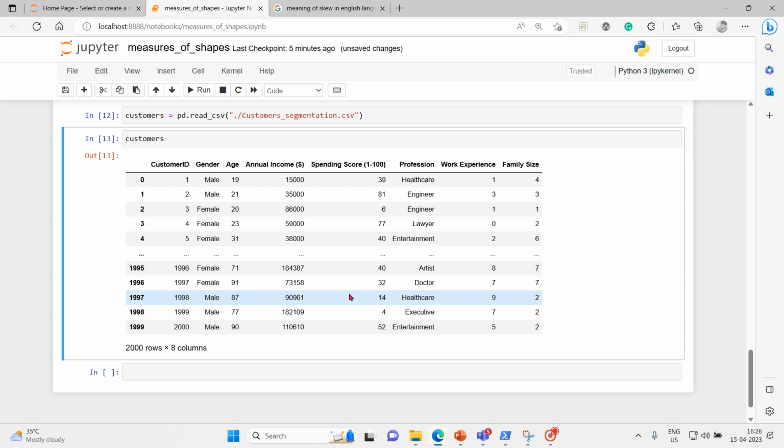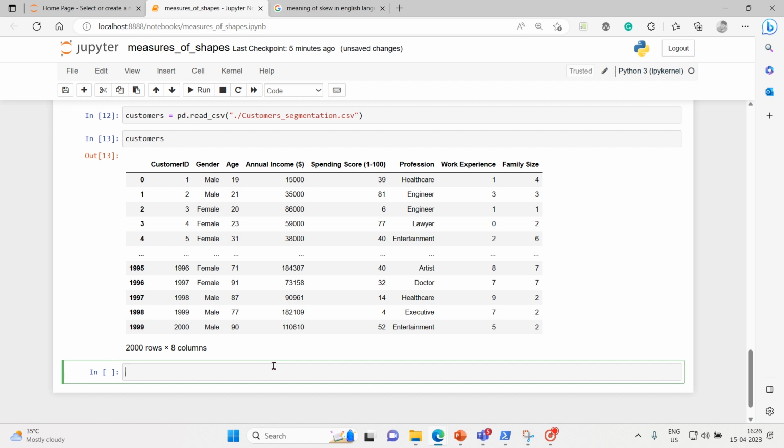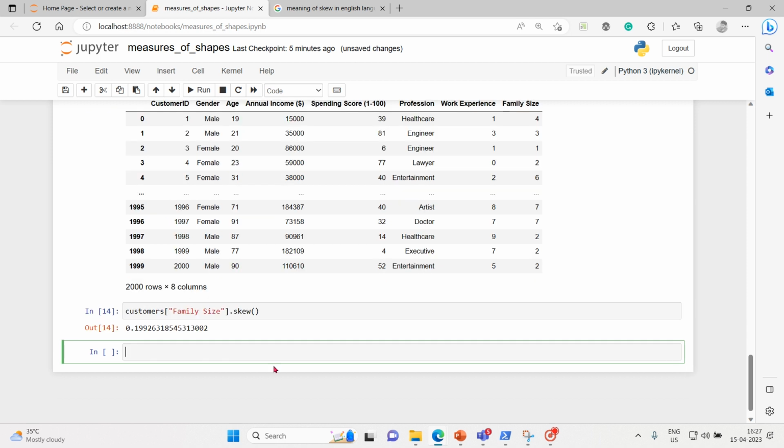Let's see how they behave, because these are all natural data. So I just want to see their behavior. So customers, I'll go with the family size, and skew, it's 0.19. This is also closer to 0. Let's see the shape.